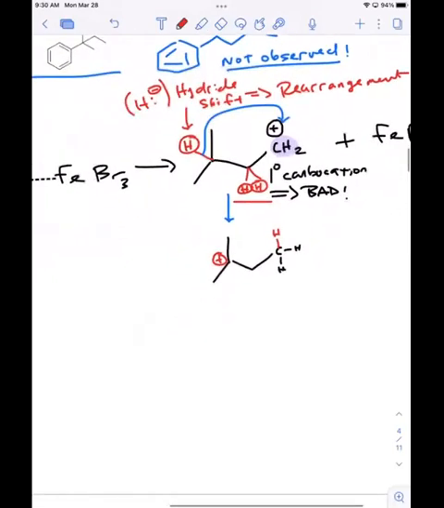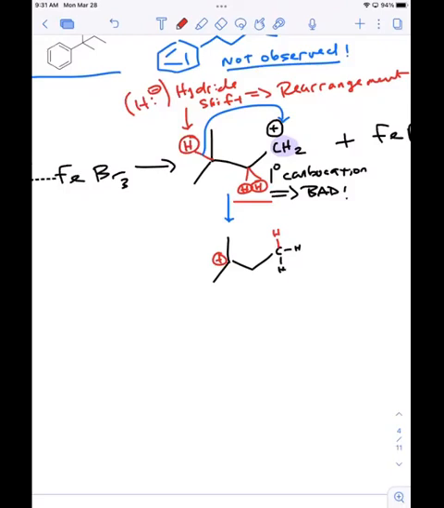Are y'all following that? The only reason this happens is because I started out with a very unstable carbocation. That primary carbocation is so bad that something is going to happen to fix that situation. Usually it won't happen, but in the presence of this catalyst and all this stuff, it happens, very slowly, but it happens.